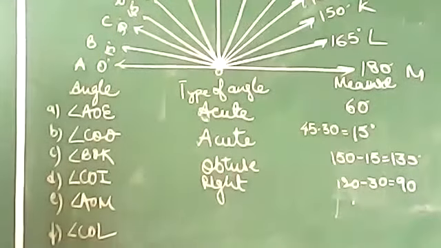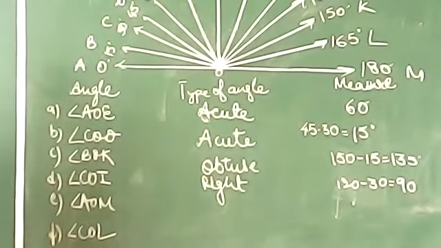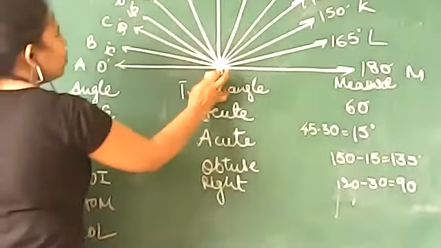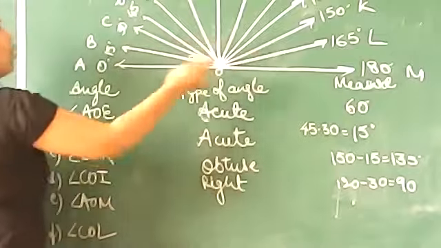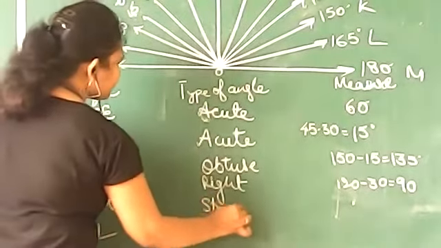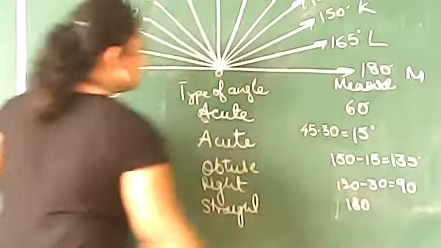So the name will be right, and right is always 90 degrees, which we have written. After that we have AOM. Check in your book. AOM, where is M? This is M. AOM means 180 degrees, a straight angle. Straight means 180 degrees. We have written it.